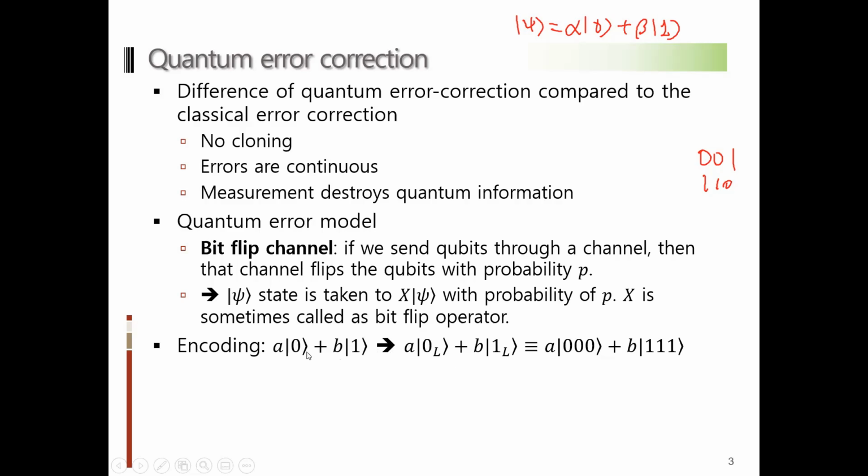Can we always convert this information to this one? The answer is yes, with this simple circuit. If we have 0 here, then the CNOT gates won't flip the other two qubits, so you will obtain exactly 000.